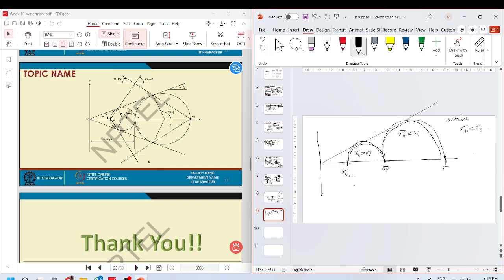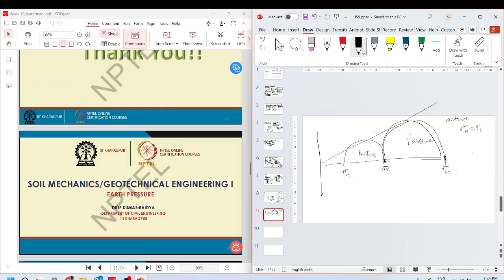Remaining will be sigma horizontal both. So this is for passive, this is for active. I'm actually not able to remember what I intended to mention with this.